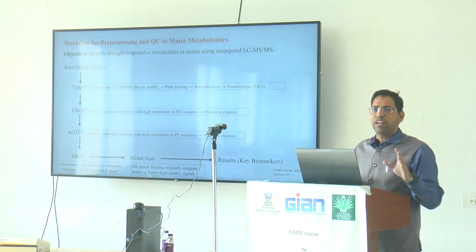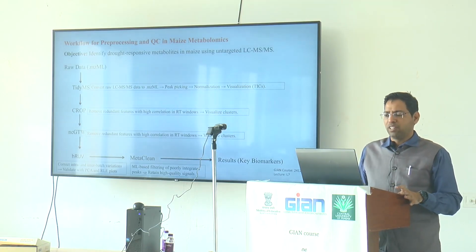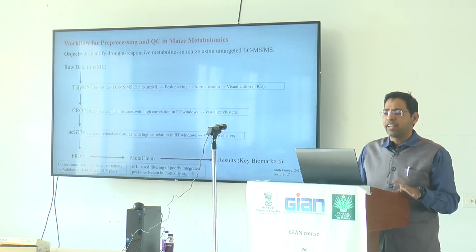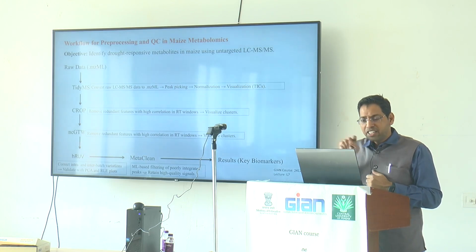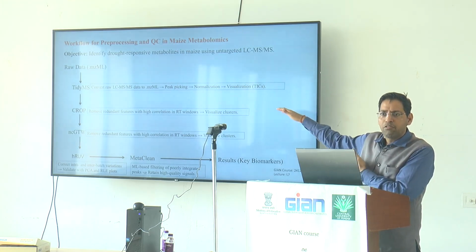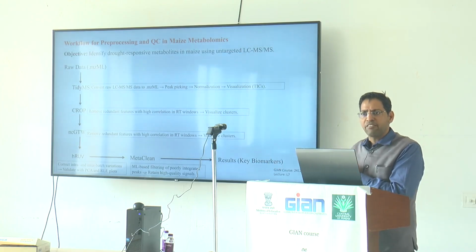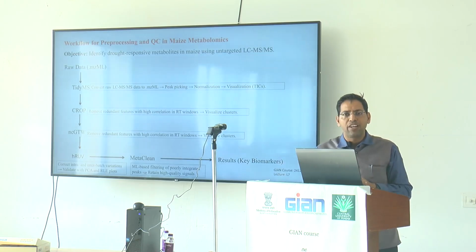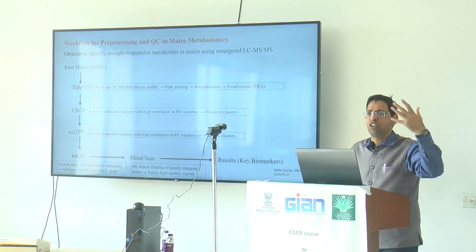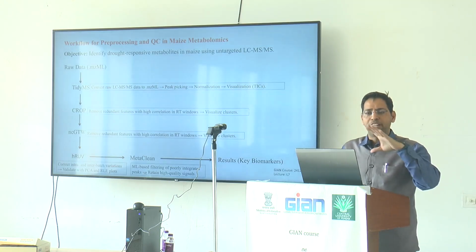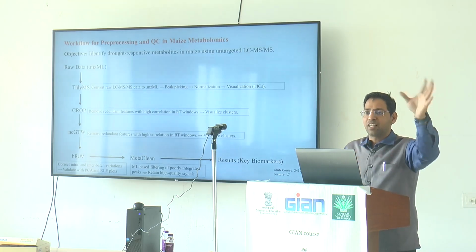After TDMS, we have to go ahead with CROP. In CROP, you have to remove the redundant features with high correlation in the RT windows and visualize clusters also. Another one we are using is NCGTW. Now you can understand why we are using these things in the pipeline, because one gives one piece of information and the second gives another type of information. NCGTW removes all the redundant features whatever we observe during the process, and we correlate them in the retention time windows, and then we visualize the different clusters again.